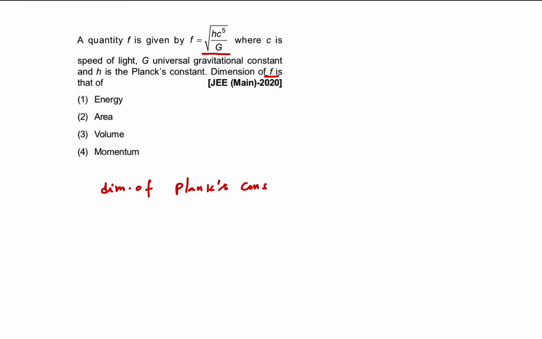Dimension of Planck's constant. Planck's constant h is equal to energy by frequency, from Planck's theory, E is equal to h nu. Energy is nothing but M L square T power minus 2. Frequency is T power minus 1.